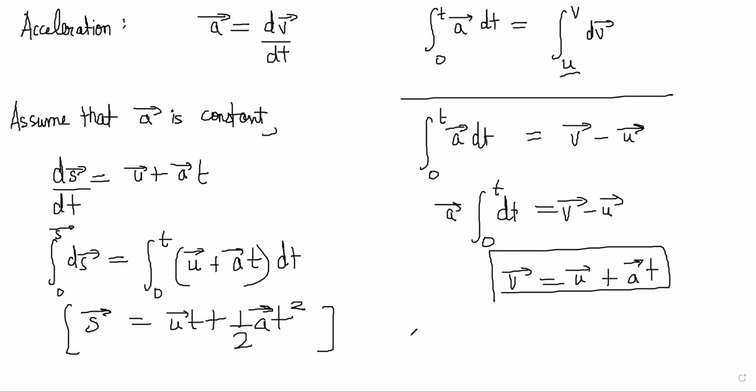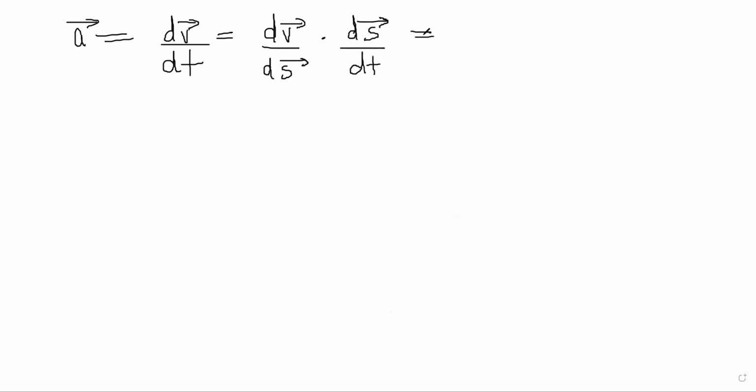This is the second equation of motion, this is the first equation of motion. The third equation of motion will come if you express your acceleration, which is the rate of change of velocity, in this way. You write it as dv by ds multiplied by ds by dt, which becomes basically dv by ds multiplied by v.